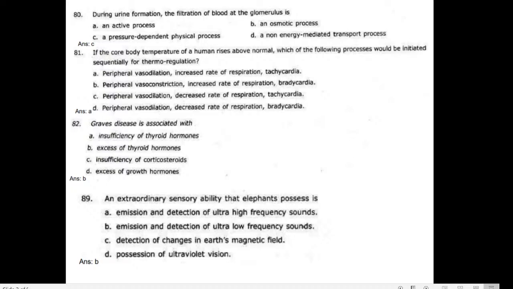It is associated with an excess of thyroid hormone. It is fully an immune system disorder, showing an immune response because of the excess amount of thyroid hormone produced in the body, that is, hyperthyroidism. The answer is that Graves' disease involves excess thyroid hormone, and it is an autoimmune disorder.